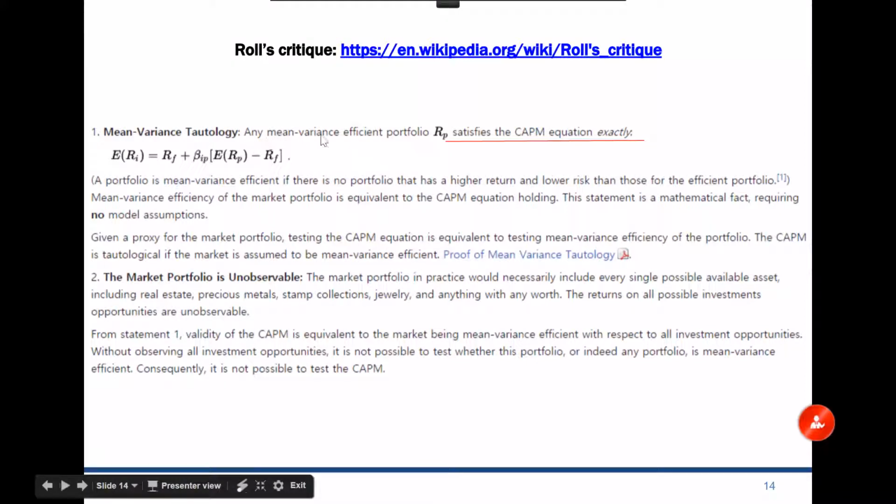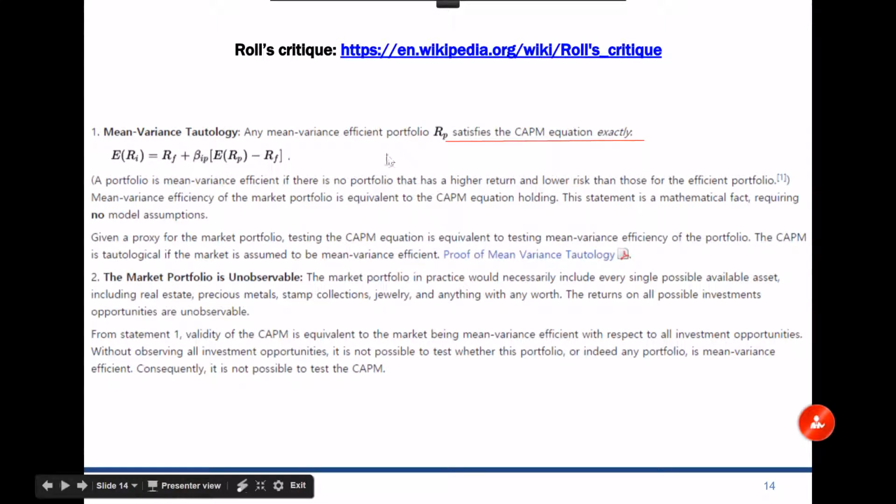Any mean variance efficient portfolio RP satisfies the CAPM equation exactly like this. A portfolio is mean variance efficient if there is no portfolio that has a higher return and lower risk. Mean variance efficiency of the market portfolio is equivalent to the capital asset pricing model equation holding. This statement is a mathematical fact requiring no model assumption. Given a proxy for the market portfolio, testing the CAPM equation is equivalent to testing mean variance efficiency of the portfolio.